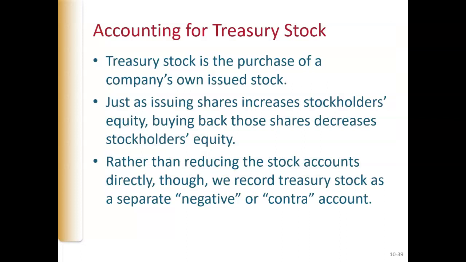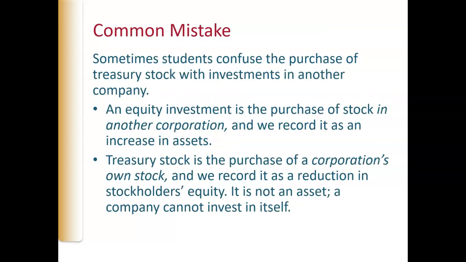Okay, now treasury stock. Treasury stock is when the company purchases its own stock. Issuing shares increases stockholders' equity, but buying back those shares decreases stockholders' equity. Rather than reducing the stock accounts directly, though, we record treasury stock as a separate contra account. Remember I said it's a negative number? Okay?